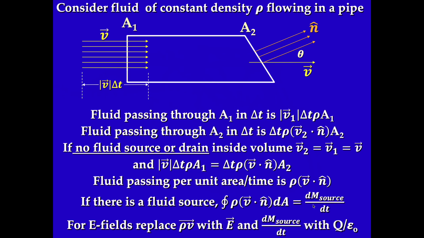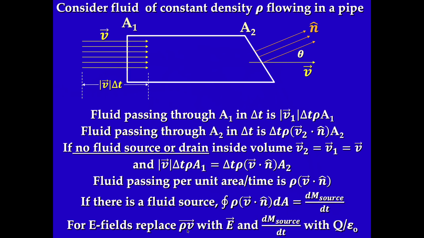And so I put that here. So this represents the fact that there's a source here. This integral would be 0 if there were no source inside. But because there's a source here, you have to have something to account for that. You got to conserve mass, okay? You got to be able to account for what's missing.